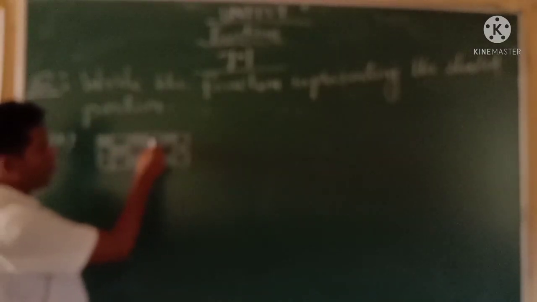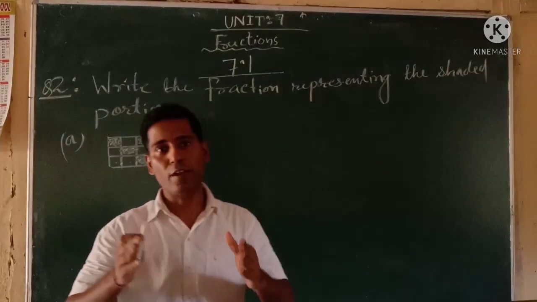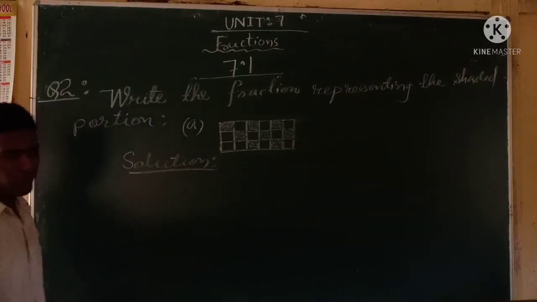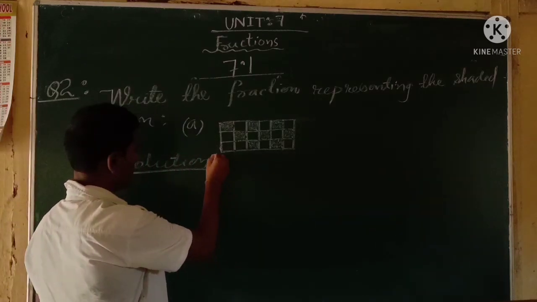How many squares are there? Total 1, 2, 3, up to 18. That means this big rectangle is divided into 18 equal parts. It's not a tough question, it's very simple, and we will solve it quickly.